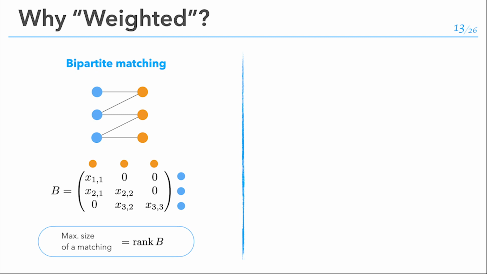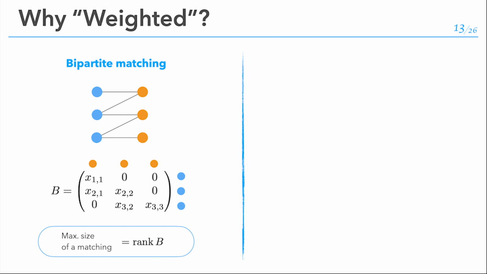First, suppose that we are given a bipartite graph like this, then we construct a matrix B. Here, each row of this matrix corresponds to each left or blue vertex, and each column of this matrix corresponds to each right vertex.